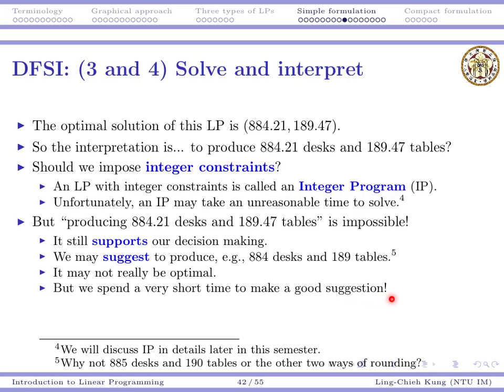So, in this course, when you are asked to write a linear program, do not impose integer constraints. Suppose the question is asking you to decide the production quantity of a car. That doesn't mean you should ask the number of cars to be an integer. Sometimes you may need to do that, but typically do not.